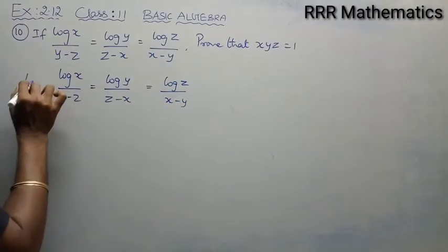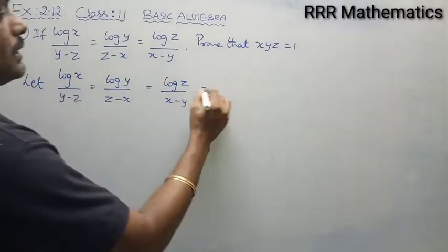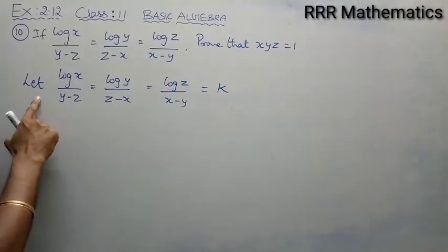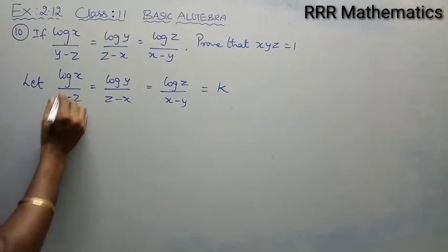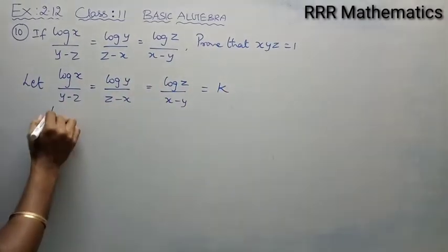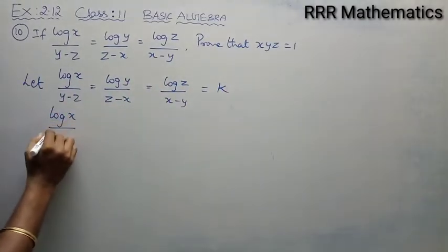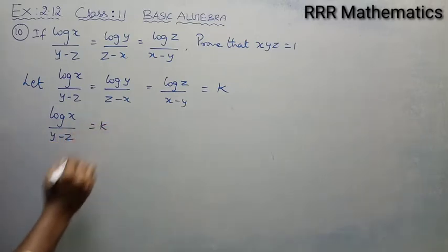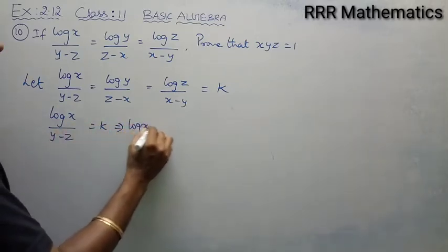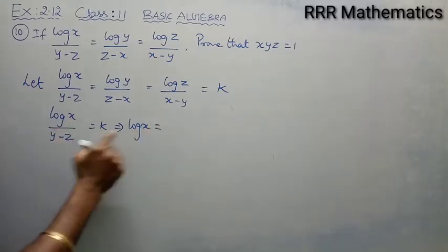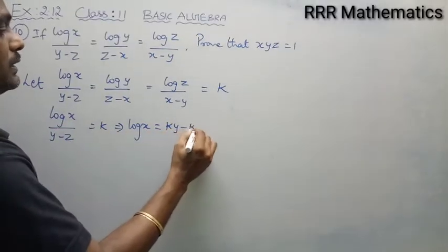I'll take everything are equal only now. I'll take some constant k. Let these three equal to some constant k. So when you equate the first with this, log x by y minus z, which is equal to k, what it gives? Log x equal to cross multiply ky minus kz.